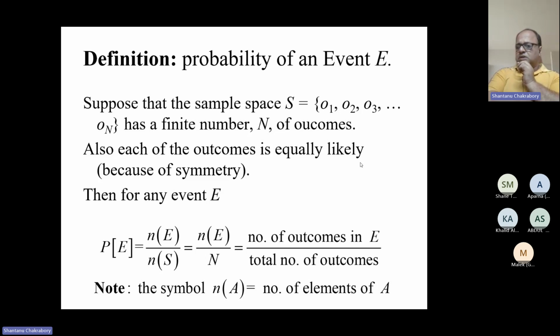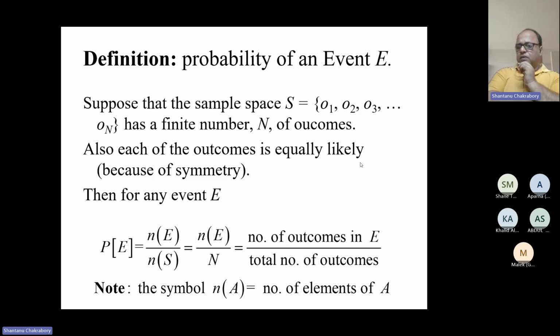Suppose you toss a coin or roll a dice, then we need to know the probability of getting even numbers when you roll a dice, or the probability of getting odd numbers. So it is the number of outcomes in the event space divided by the total number of outcomes.